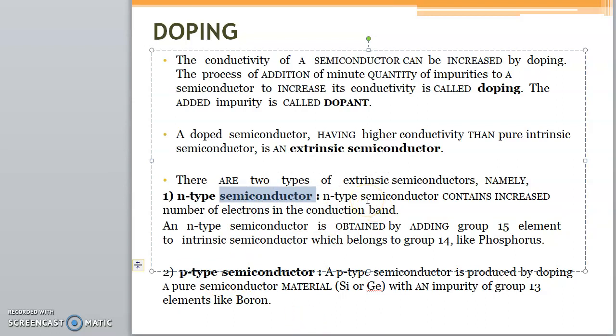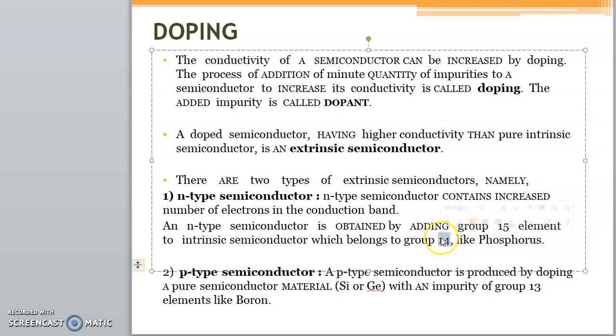Now, what is N type semiconductor? N type semiconductor contains an increased number of electrons. Remember, I told you it's negative. That means negative stands for electrons, because electrons are negative. That means it must have extra electrons in the conduction band. Now, an N type semiconductor is obtained by adding a group 15 element to an intrinsic semiconductor which belongs to group 14, like phosphorus.